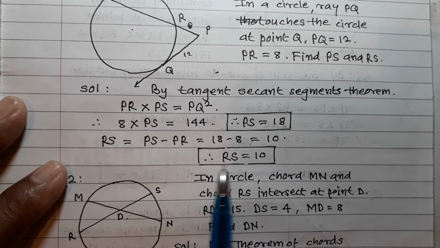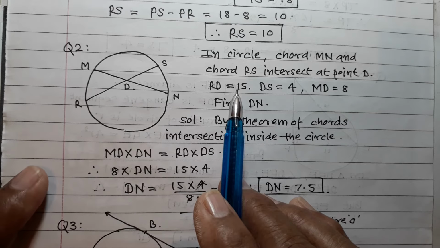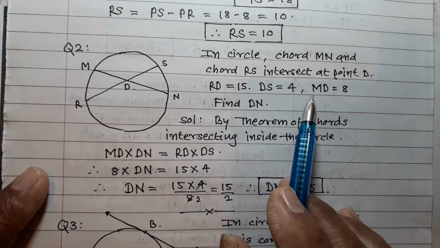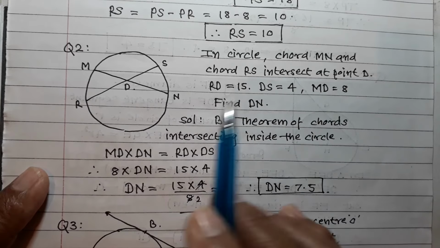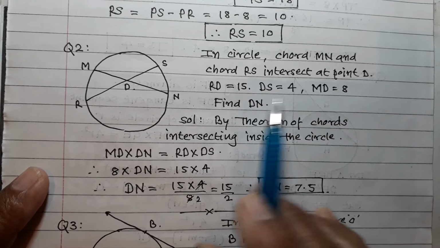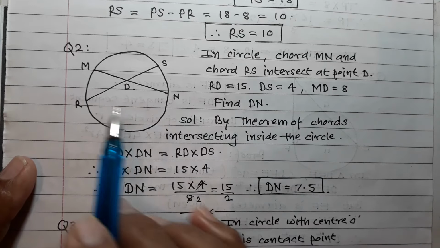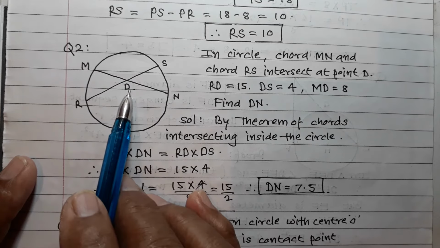Okay. Question number 2. In a circle chord MN and chord RS intersect at point D, RD is equal to 15, DS is equal to 4, MD is equal to 8, find DN. Okay. Now this is a circle with center D given.